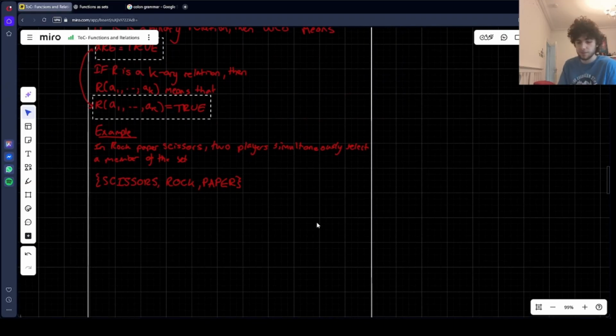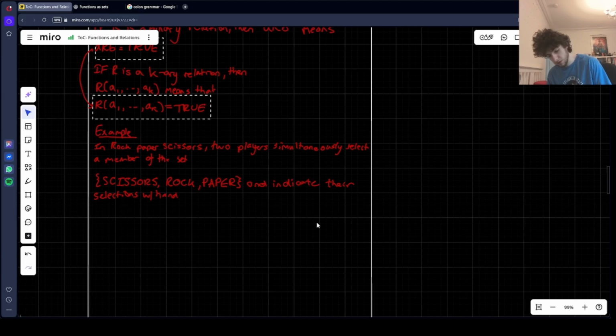Once you've picked one of those options, you indicate which one by using a hand symbol: rock, paper, scissors. You indicate their selections with hand signals.